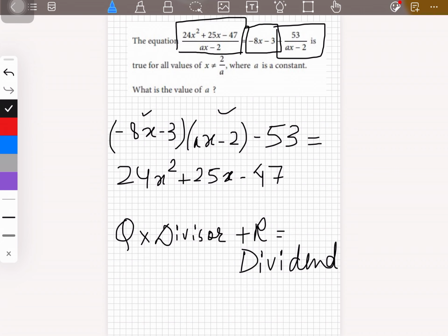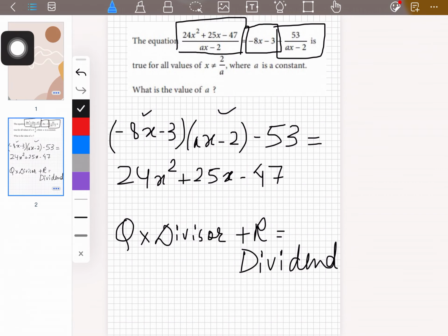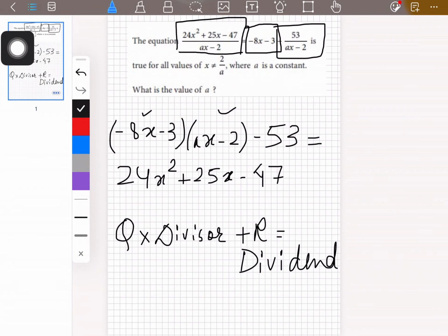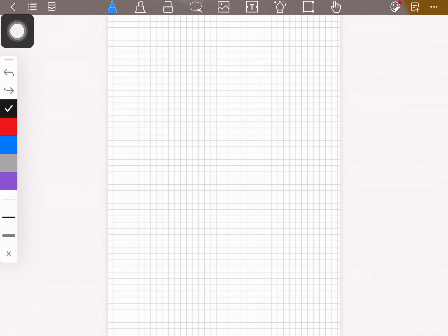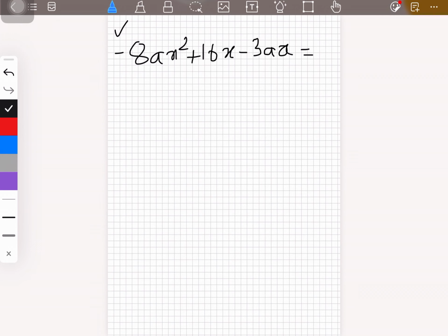I don't think we need this page, delete it. Let's add another page. So now after we multiply, on the left hand side I'm supposing we get minus 8ax squared plus 16x minus 3ax is equal to, the right hand side does not change, we did no operation over there, so it would be 24x squared plus 25x minus 47.